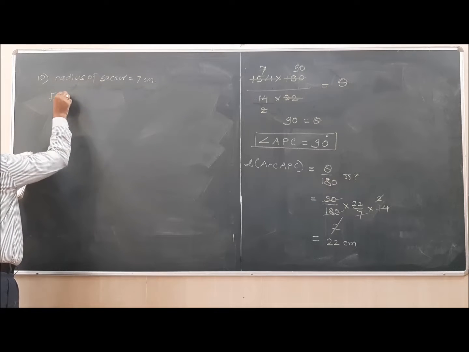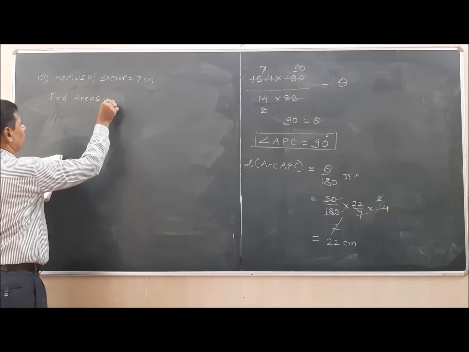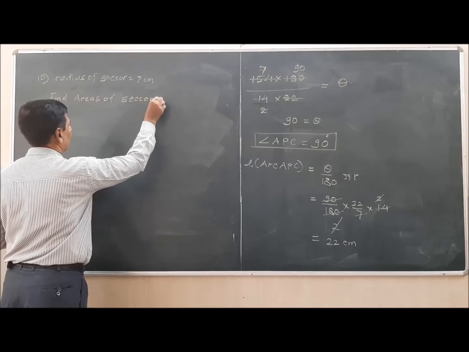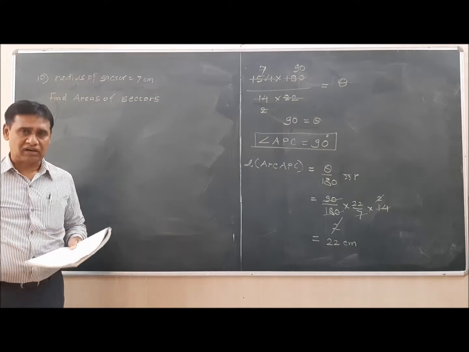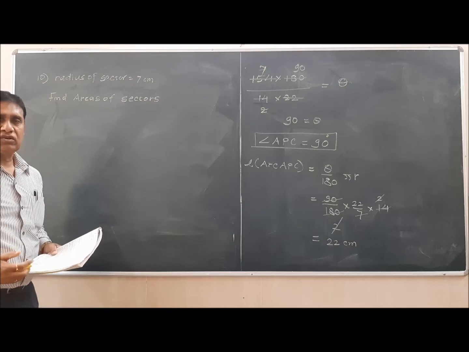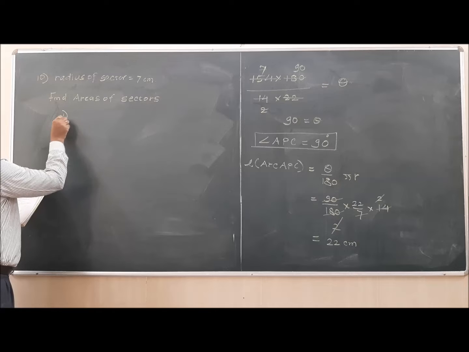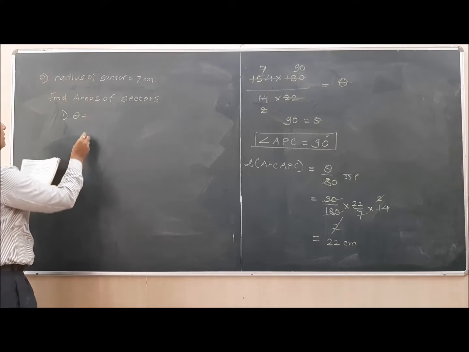Find areas of sectors if the measure of the arcs. You all know the measure of arc is the central angle. In the first case, they have given central angle as 30 degree.